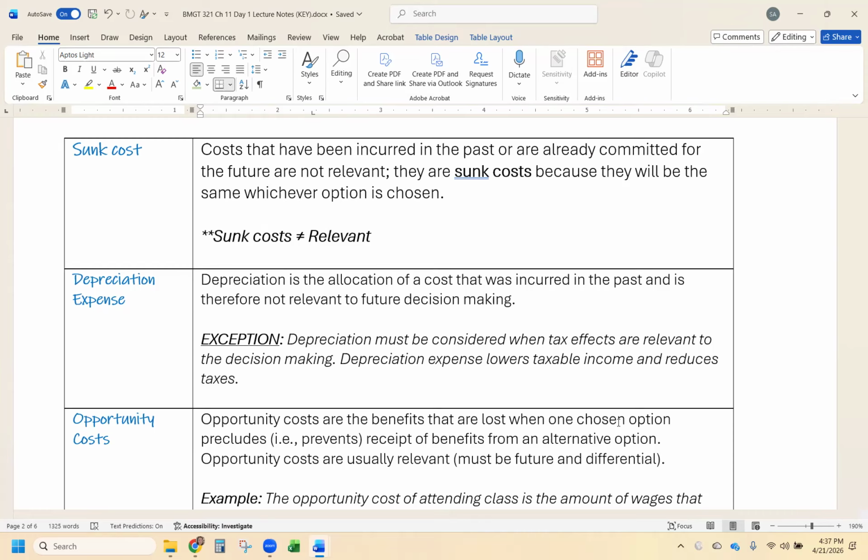Depreciation. Depreciation is a sunk cost, kind of. Let me explain. When we say cost, we're talking specifically about the money that you pay out to invest in a project or an asset. So when we buy a large expensive asset that goes on the balance sheet, the cost happened in the past, but the depreciation keeps going into the future, right?